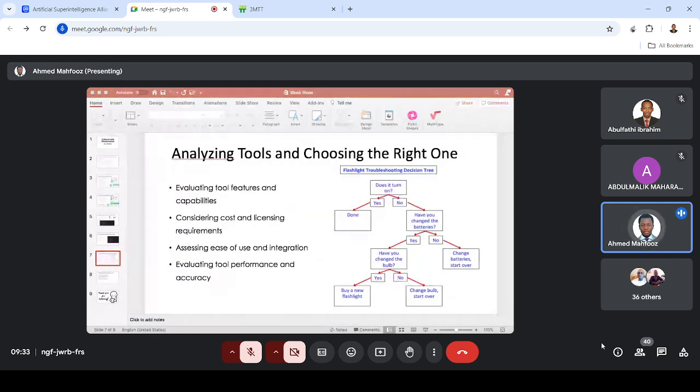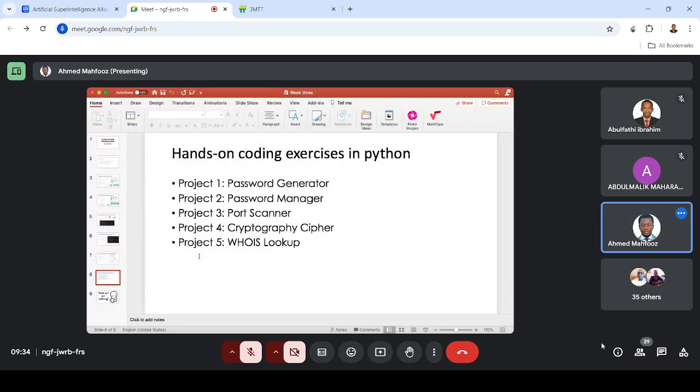So we have different choices of tools, and different reasons can make us choose different tools. Another thing we can use in choosing the tools is evaluating the tool performance and the accuracy of the tools. The performance of the tools also can help us in deciding which tools we can choose.